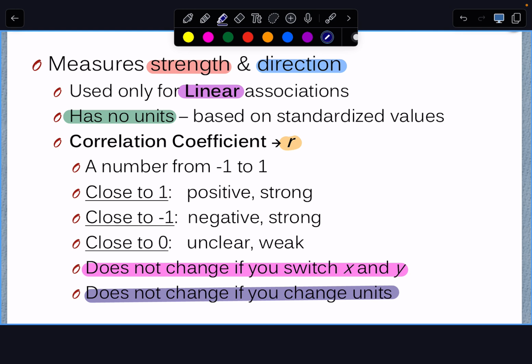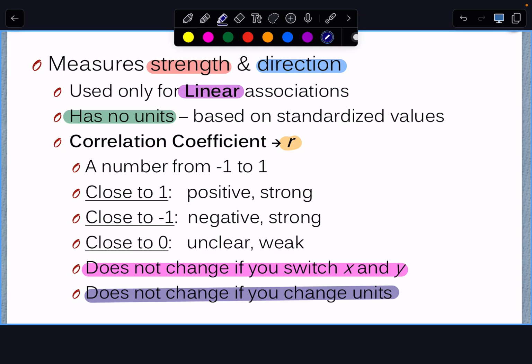And the reason goes back to that first thing we talked about. When I calculate correlation, units are meaningless. We strip the units from the calculation, so no matter what I do to my original values, it's not going to change my correlation overall. So correlation remains constant regardless of whether we do either of these two things.